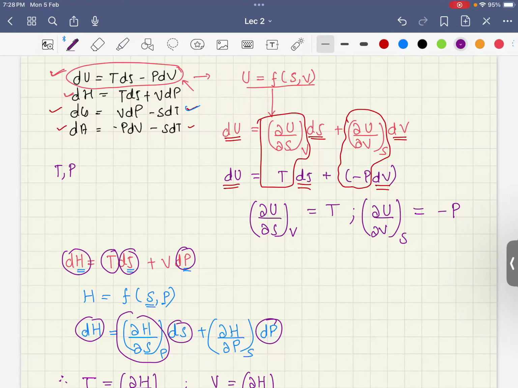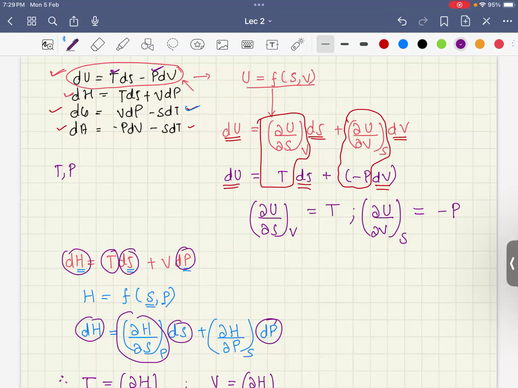Can you control its Gibbs free energy? Can you control its internal energy? No, you cannot control its internal energy. Let's say, for example, I tell you that I need an ideal gas at 100 kilojoule of Gibbs free energy. I don't know how to control that. But what I can control is temperature and pressure. I can say that I need it at 1 bar, 300 Kelvin. I can control temperature, I can control pressure, I can control composition, and volume also I can control.